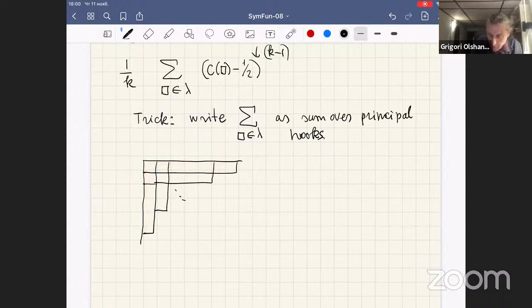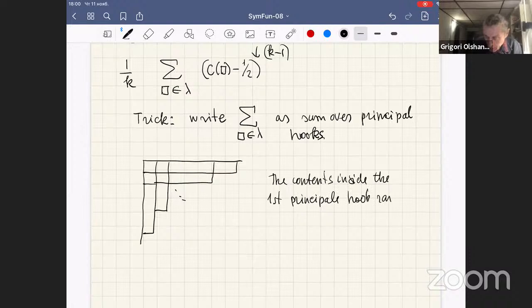The contents inside the first principal hook range from minus B1, sorry, the first Frobenius coordinates, to A1.